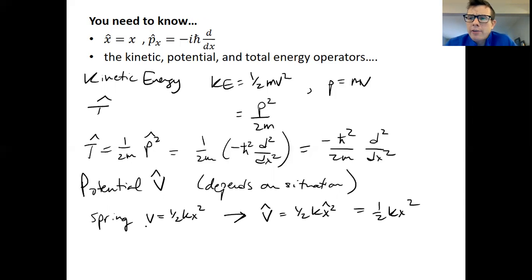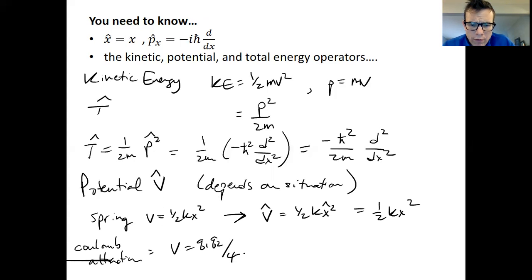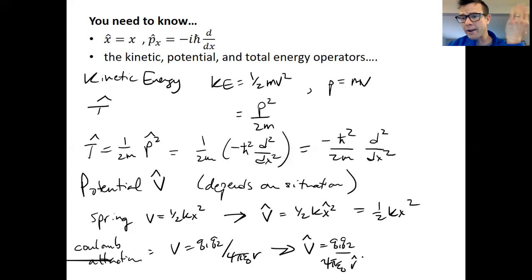You might imagine another situation with potential energy, right? It could be a Coulomb attraction. In this case, it's Q1 Q2 over 4 pi epsilon 0 R. R is the separation between things. In this scenario, V equals Q1 Q2 over 4 pi epsilon 0 times 1 over R hat.